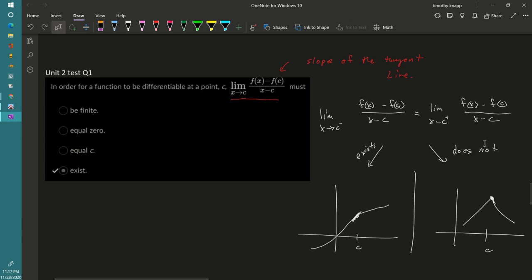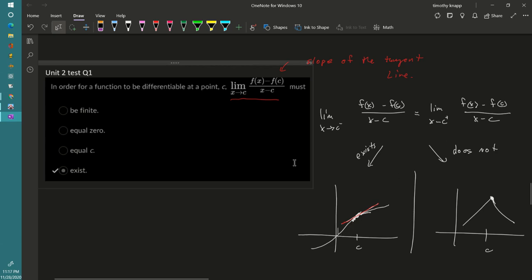And then you do the same thing from the right, and you would have several secant lines going in like this and like this until finally those two secant lines end up becoming equal, more or less.